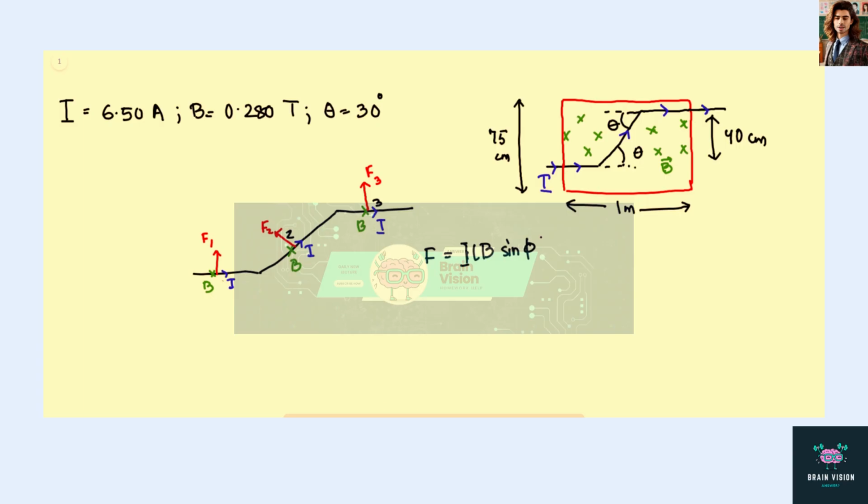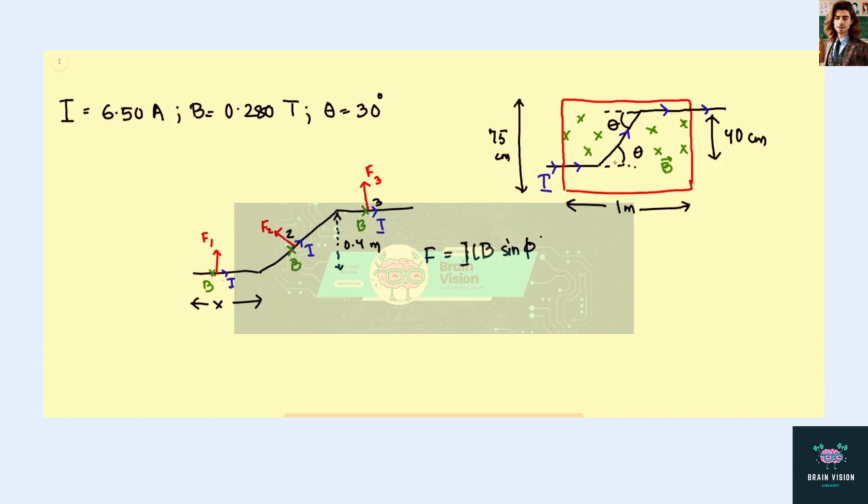So let's say the length of this segment is x. And we know the length of the perpendicular component of the second segment, which is this length. So we know that this part is 0.4 meter.